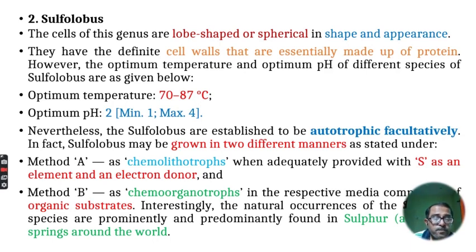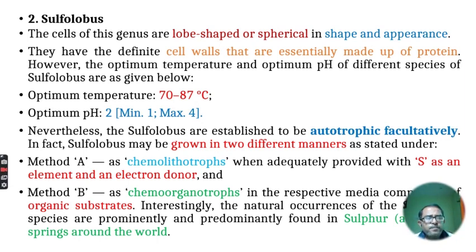And the optimum pH required for the growth of the Sulfolobus bacteria is pH 2. This is the essential pH required for the growth of this bacteria. And this Sulfolobus bacteria obtain the energy by a facultative autotrophic process, means they can use two different mechanisms to grow.